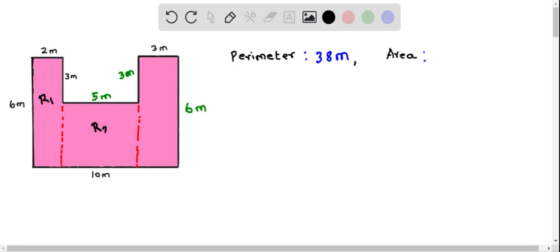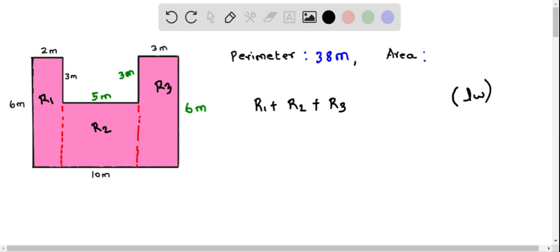Let's say this is R2, and finally we have this other rectangle R3. So basically, the area of this non-standard shape is now considered to be the area of the three rectangles, that is R1 plus R2 plus R3. Since each of these shapes is a rectangle, we can utilize the area formula for a rectangle, that is length times width.